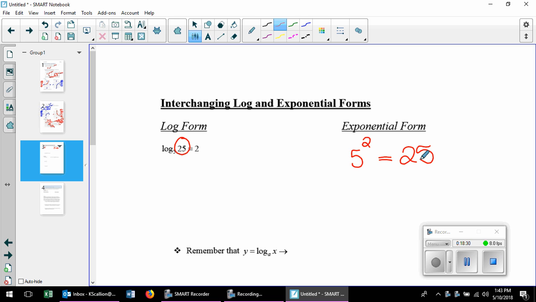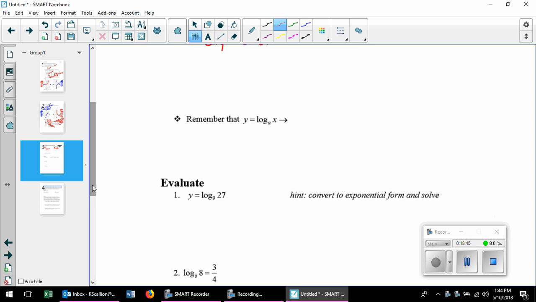Because the whole point of doing logarithms is being able to solve for an exponent, right? So this out here is your exponent. It's handy if you can go back and forth between. Okay, so I put this little remember thing.